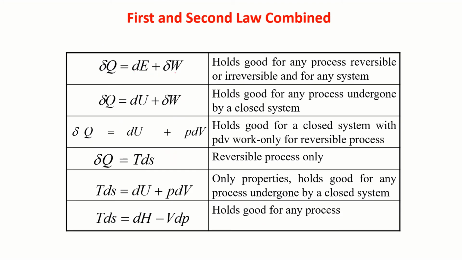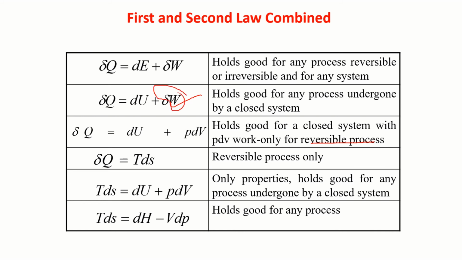Delta Q is equal to dE plus delta W. It is general. It holds good for any process, reversible or irreversible. This equation holds good for any process undergone by a closed system. When this I replace by integral PdV, then it holds good only for a reversible process. Correct?